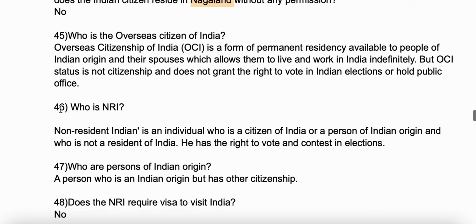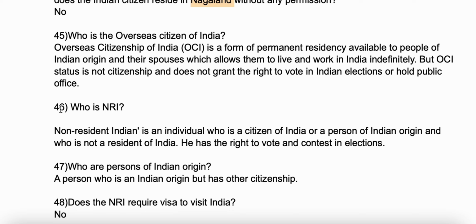45th question, who is the overseas citizen of India? So the overseas citizen of India, OCI, is a form of permanent residency available to people of Indian origin and their spouses, which allows them to live and work in India indefinitely.